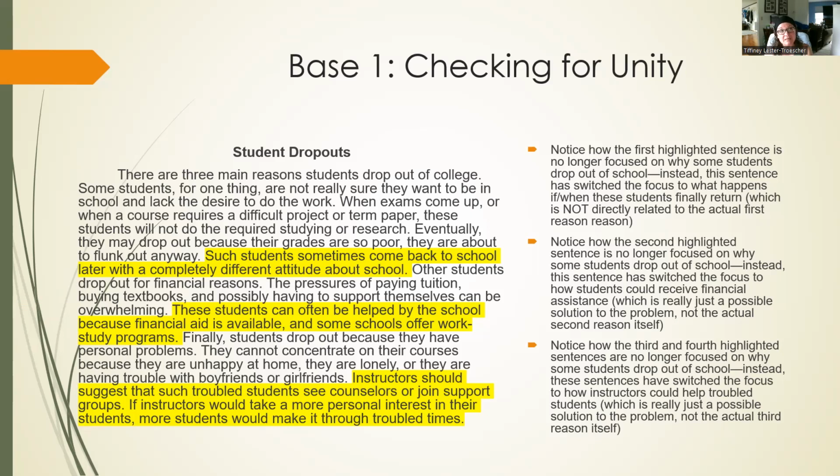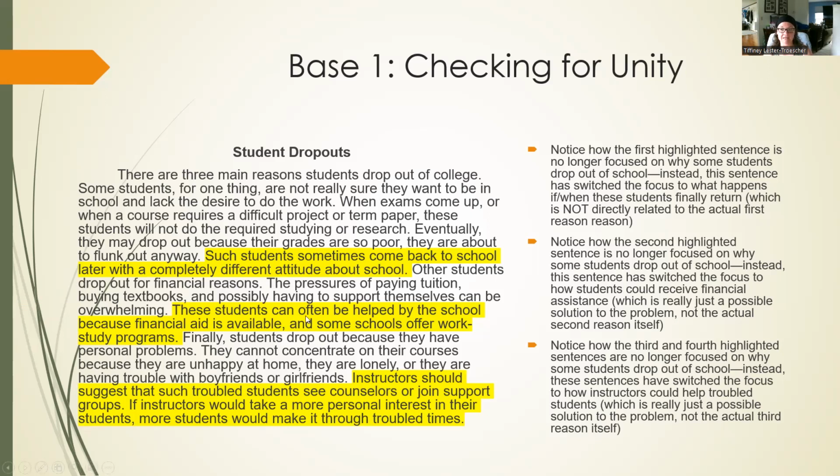I mean, it is related to that first reason, but it does not belong in this particular paragraph, because this particular paragraph is supposed to be focused only on the reasons why, not anything in addition to that. So we need to remove this first highlighted section.